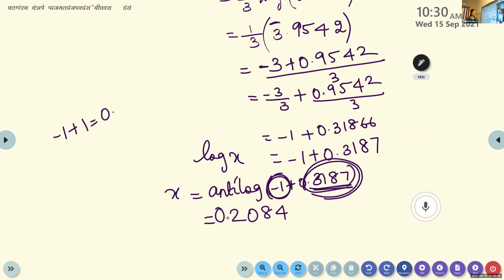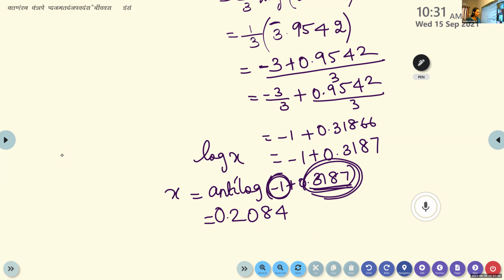It is simply 0.2084. Suppose we get 1, then we would shift it to the left. Now here it is 0, so keep the decimal there itself. 0.2084. So we've got the cube root of the given number.